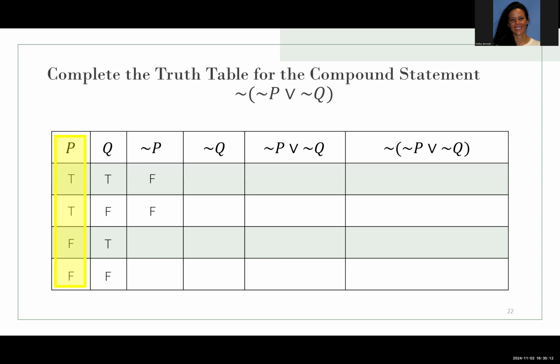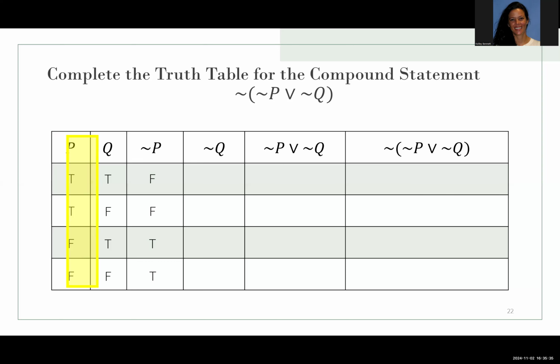Looking at the third and fourth rows, here I see that P is false. So that means that not P would have to be true in those cases. So P, true, true, false, false. Not P, false, false, true, true. You just flip the sign, go from true to false or false to true.